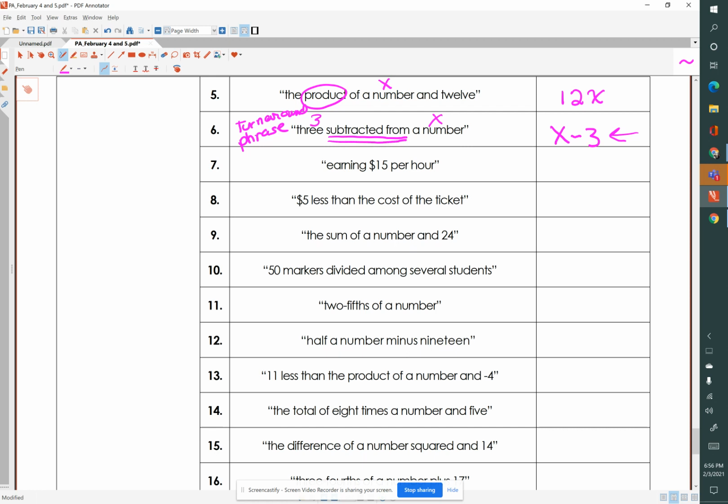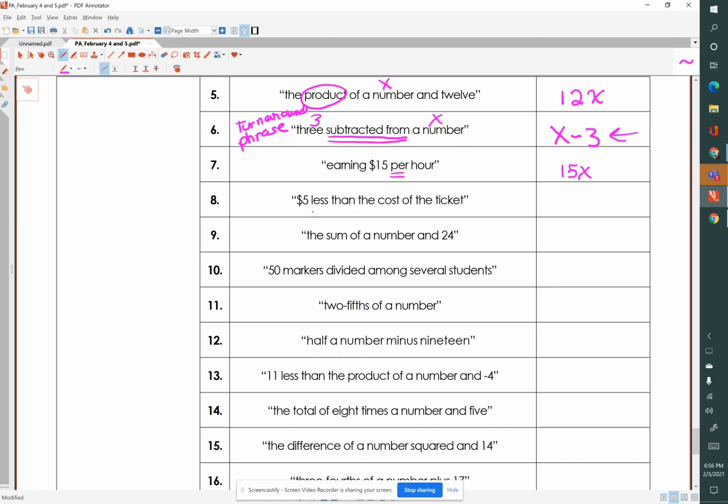Okay, remember that turnaround phrase, subtracted from. If someone is in number 7 earning $15 per hour, that's multiplication, so that's 15x, and we do not put the dollar sign once we represent it in algebra. We put the dollar sign in our solution once we work a problem.